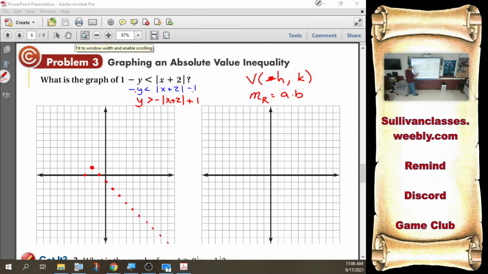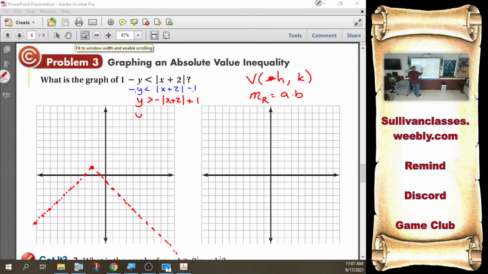Come over here instead. But now I have to ask the question, solid or dotted V, and where do I shade? Okay, so it's dotted, we know that much. This is where having y by itself on one side of the inequality comes in real handy.